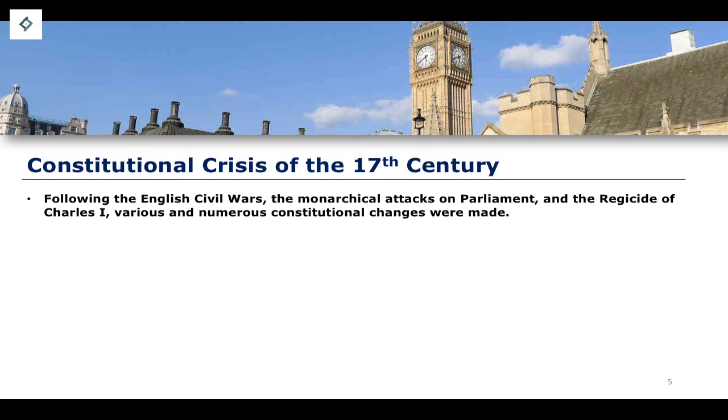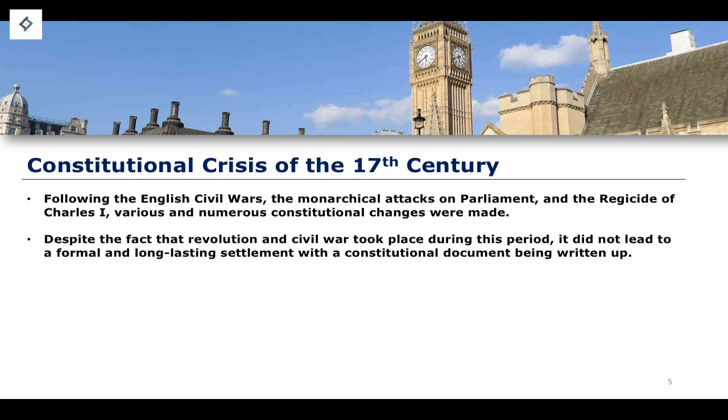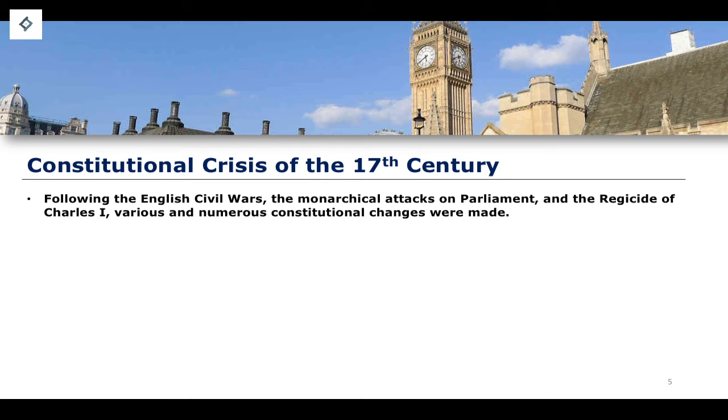And the relationship between the king and parliament had been strained and was continuing to be strained following the end of the Tudor dynasty in 1603, going into the reigns of James I and then Charles I, specifically within the idea of taxation.